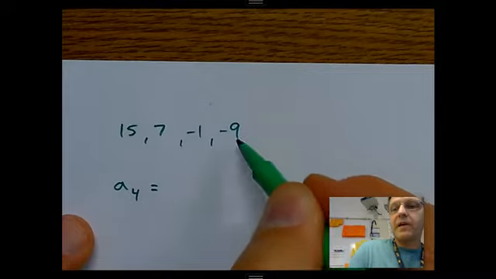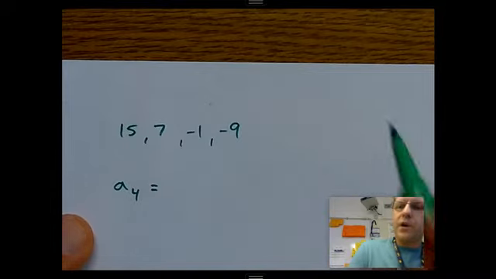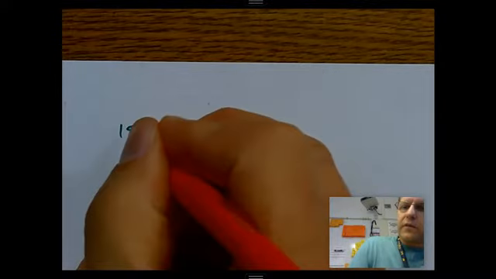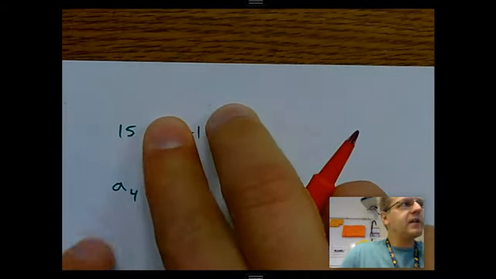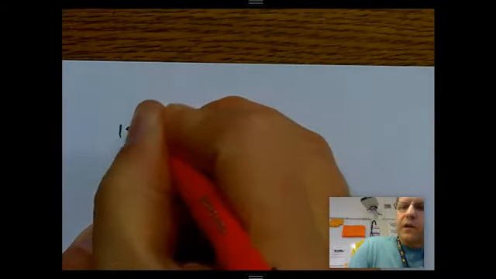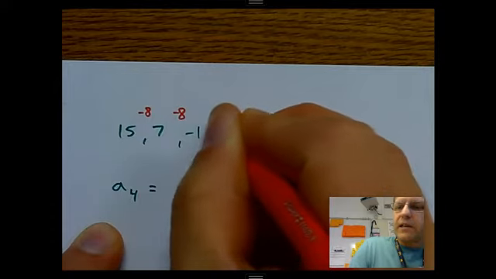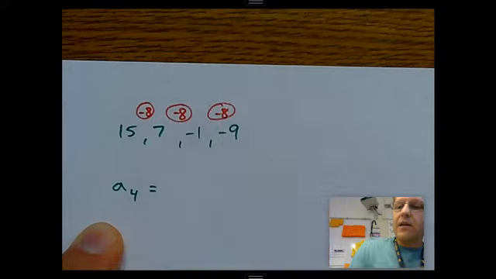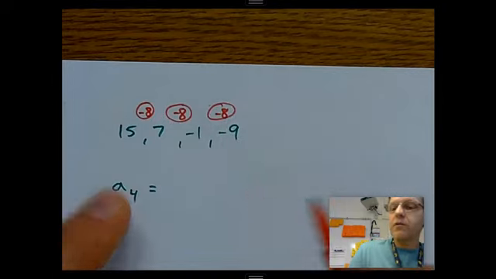It's right there. Yeah, I know. Let's do one that we know. So to find the 4th term, if I start at 15, I'm going to subtract 8, and subtract 8. How many times did I subtract 8? 3 times, right? Not 4, 3.